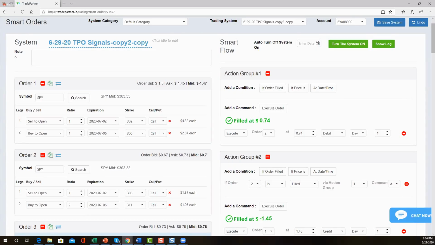So let me do something here for you guys. And I know these things are becoming really long, but you guys are worth it. So, all right, I'm going to do a place trade, and I'm going to say 302. No, you know what? I'm going to do 304 and 307.